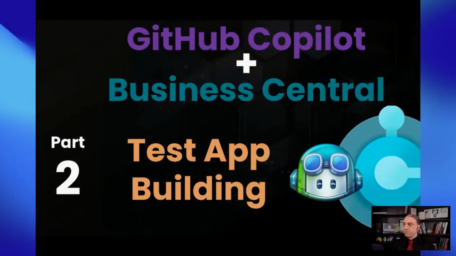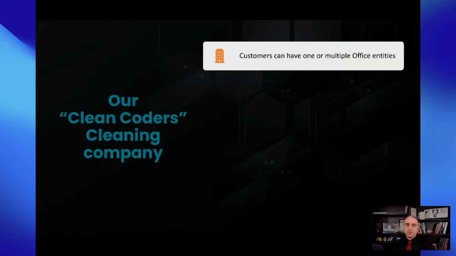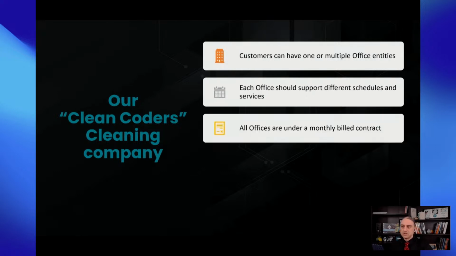What we did in part one is we looked at it from the perspective of building a test application. The test application was a cleaning company, a very bare bones extension, where a customer can have one or more offices, and each office should support some different cleaning schedules and different cleaning services.